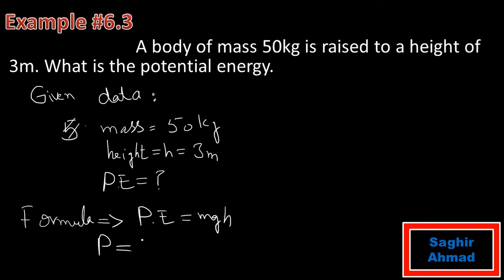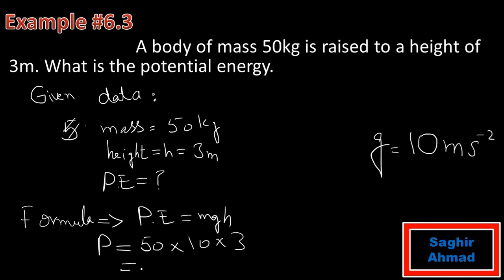The value of m is 50, and here g is the gravitational constant and its value is fixed, that is 10 m s minus 2, that you have to learn. g is equal to 10, and height is 3. Here we get 50 multiplied by 10 multiplied by 3, we get 1500 joule, and this is the answer.